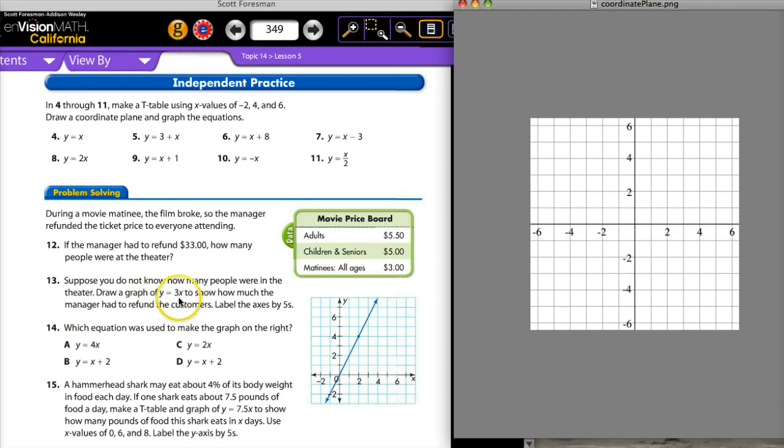So what you're going to want to do is just pick reasonable numbers for x, create a t-table, and find out the value of what y is. Y is the refunds, x is the number of customers. Okay? Then you're going to plot those ordered pairs that you find in your t-table, connect them with a line, connect those dots, and you'll have your linear equation.